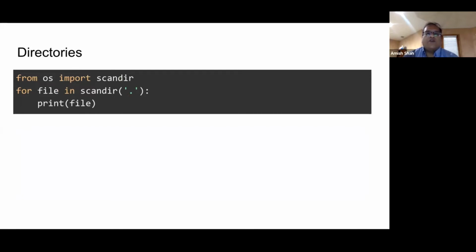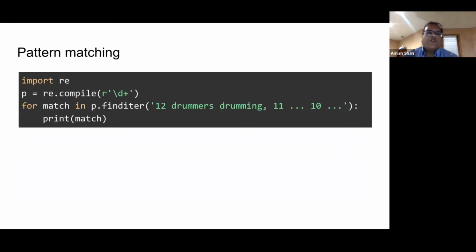We can print out those file objects as well. Using the regular expression library within Python, we get a pattern object back, and then we can execute the finditer method on the pattern, returning a stream of matches, and we can print out each match.